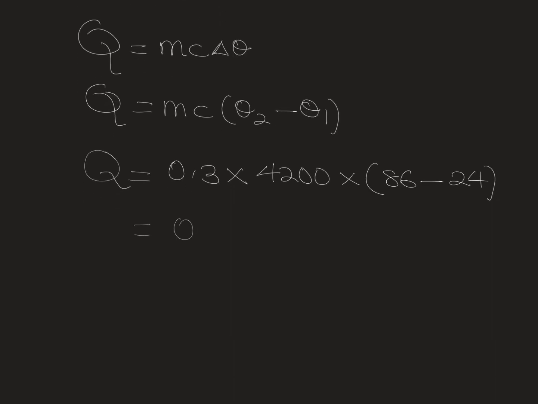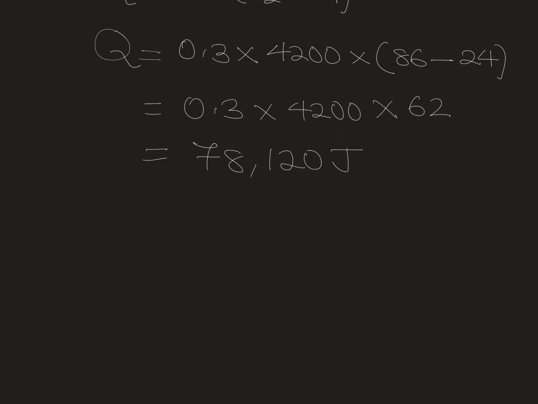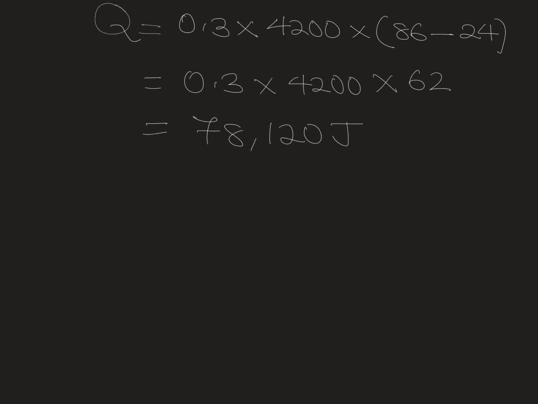So that is 0.3 times 4,200 times 86 minus 24 is 62. So 0.3 times 4,200 times 62 is 78,120 joules.